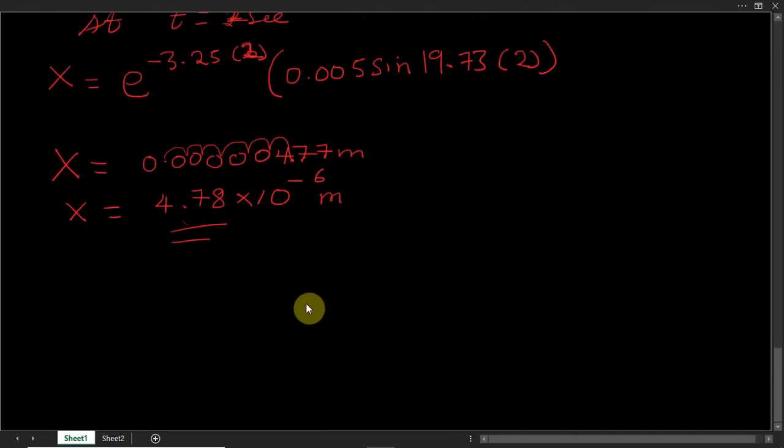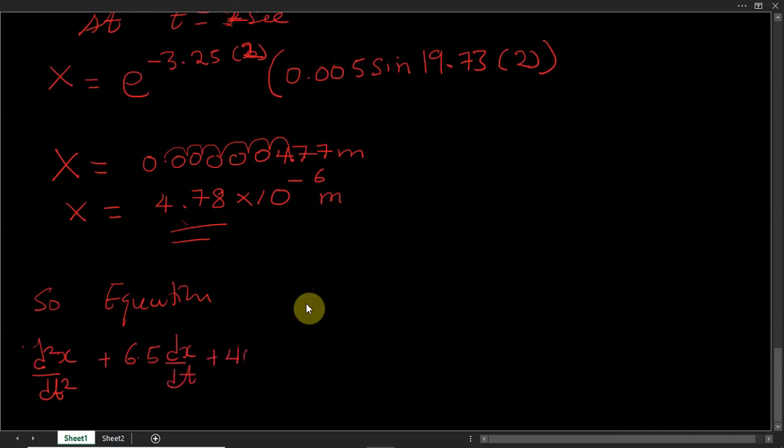Right. So then the equation of the differential equation is d squared x over dt squared plus 6.5 dx/dt plus 400x equals 0.